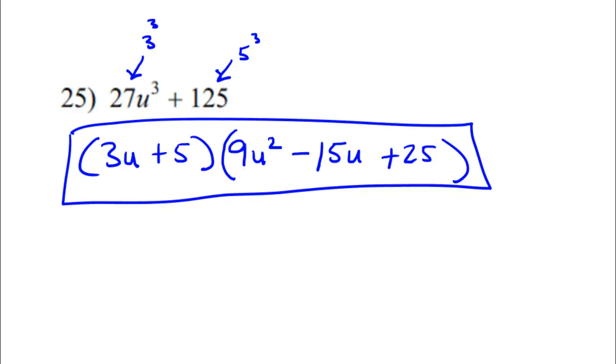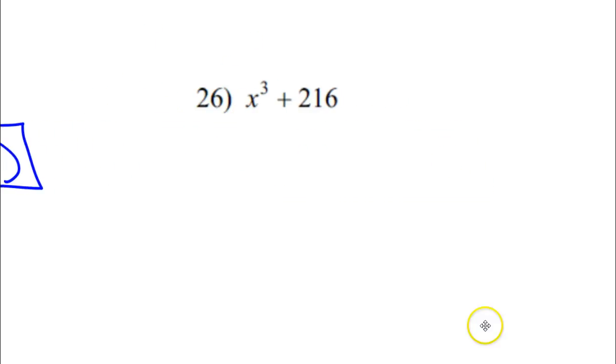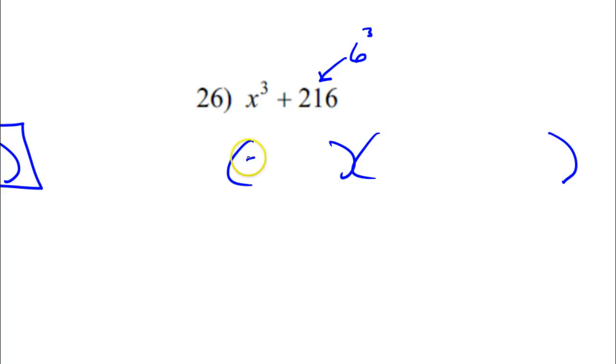What about number 6? Once again, this is the sum of two cubes. So 216 is 6 to the third power. So that's why when I do my binomial and my trinomial, I will have x plus 6, because that's the cube root.